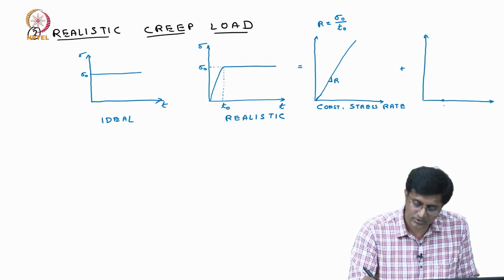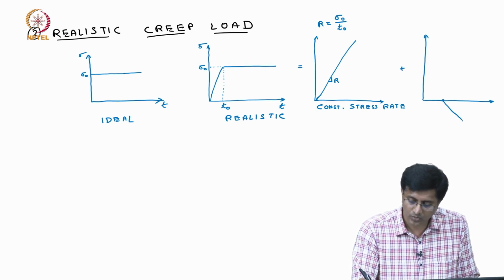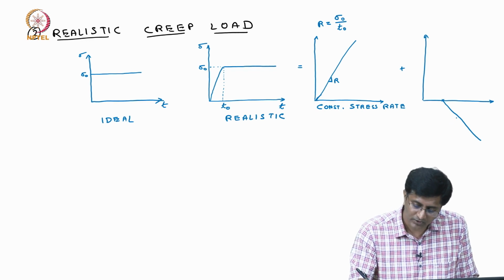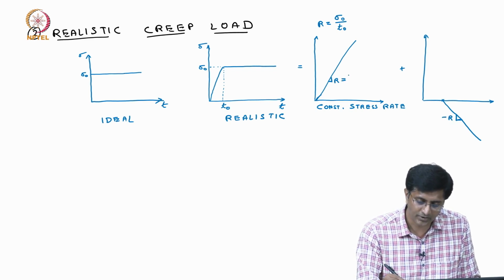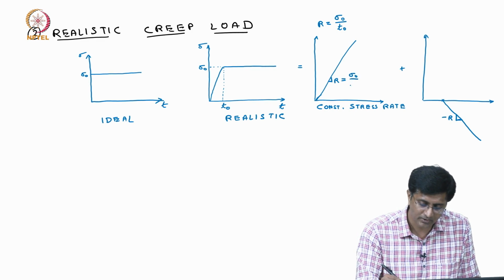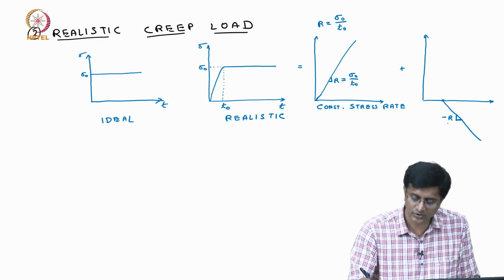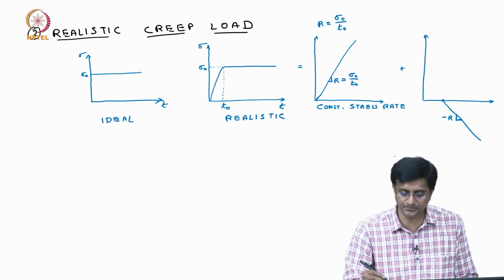So, at time t equals t naught, now we apply another load with the same slope, but in the negative direction. So, this is minus R, where R we have already defined as sigma naught by t naught. So, this is the same R.